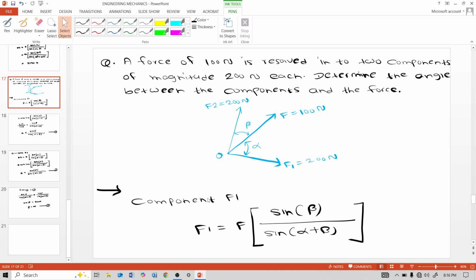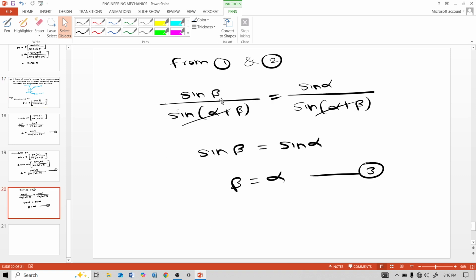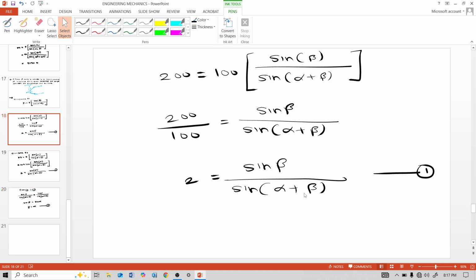Now beta and alpha are both equal angles, but we don't know their degree, how much it is. So how to solve for the degree? See here, alpha is equal to beta.